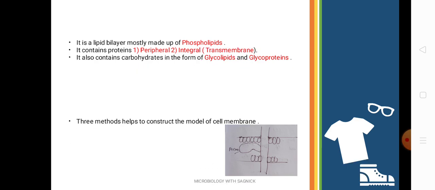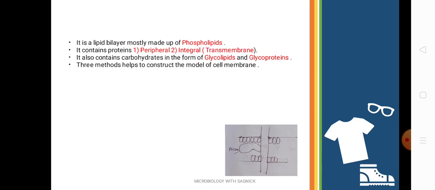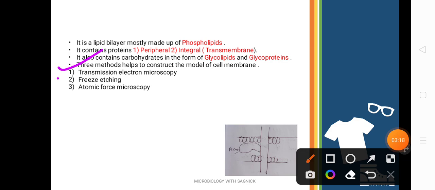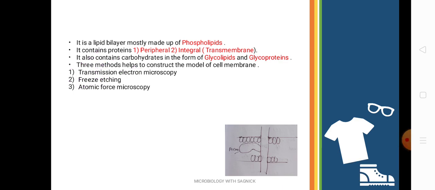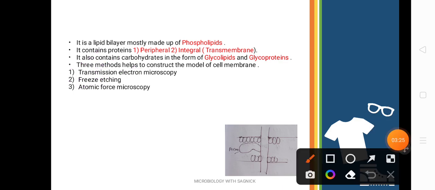Now there are three methods that help us construct the model of the cell membrane. These three methods are transmission electron microscopy, freeze etching technique, and atomic force microscopy. Freeze etching, if you remember, is nothing but a preparation technique for transmission electron microscopy. We have already talked about this in our microscopy lecture series.